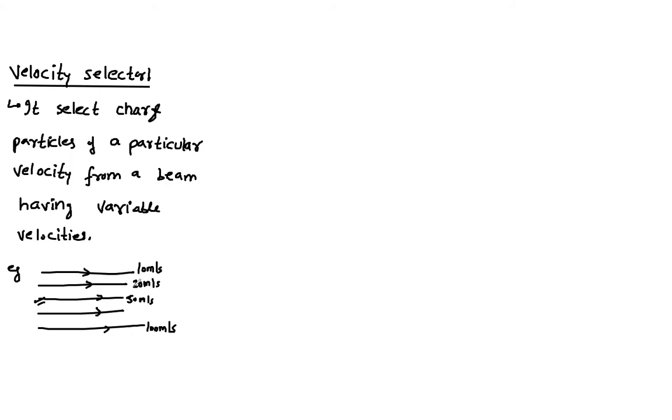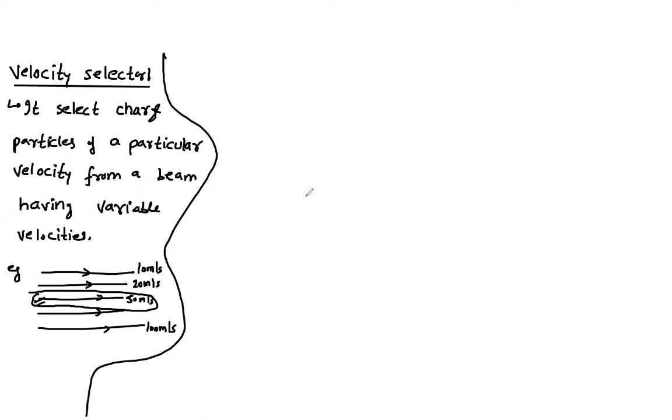So from this beam having protons of every velocity, if you wish to select protons of a particular velocity like 50 meter per second, the device that you will use is velocity selector. This is the use of velocity selector basically. It can select charged particles of a particular velocity from a beam having variable velocities. Is it clear?